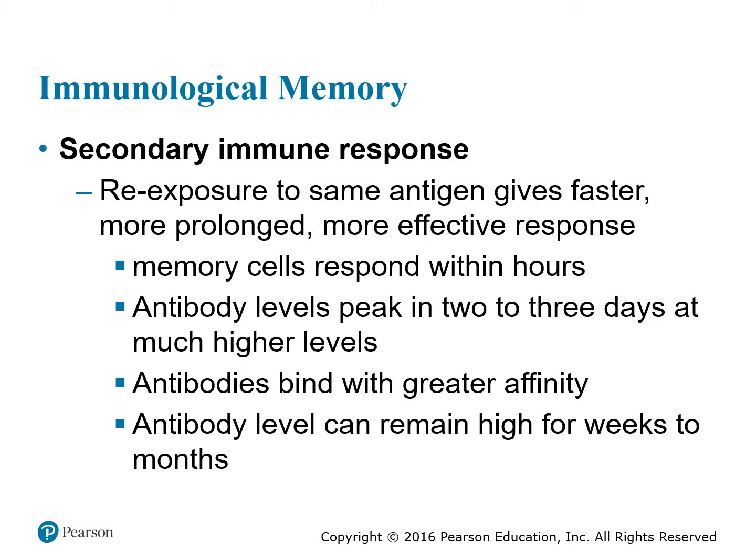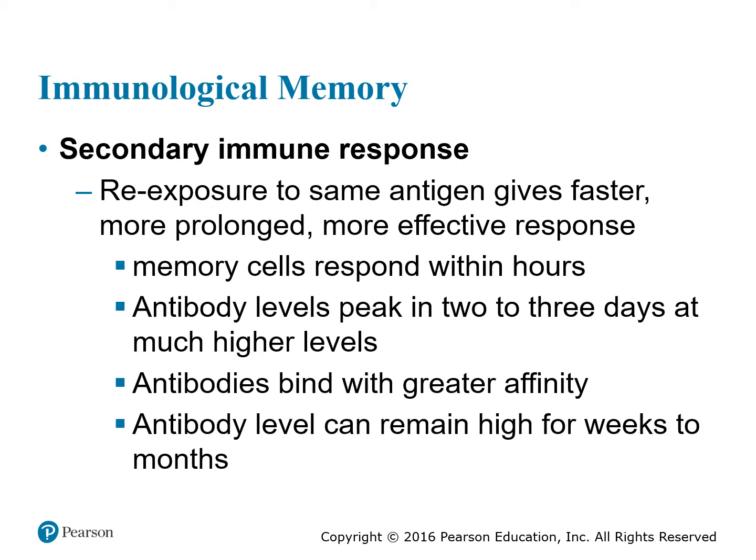Because you have those memory cells, instead of waiting about 17 days before you get a good amount of antibodies to launch a strong attack, you will have a high amount of antibodies within just 2 days. So there's a huge difference between having a large amount of antibodies in 2 days versus if it was your primary response, where you would have to wait around 10 to 17 days before you have a good amount of antibodies.